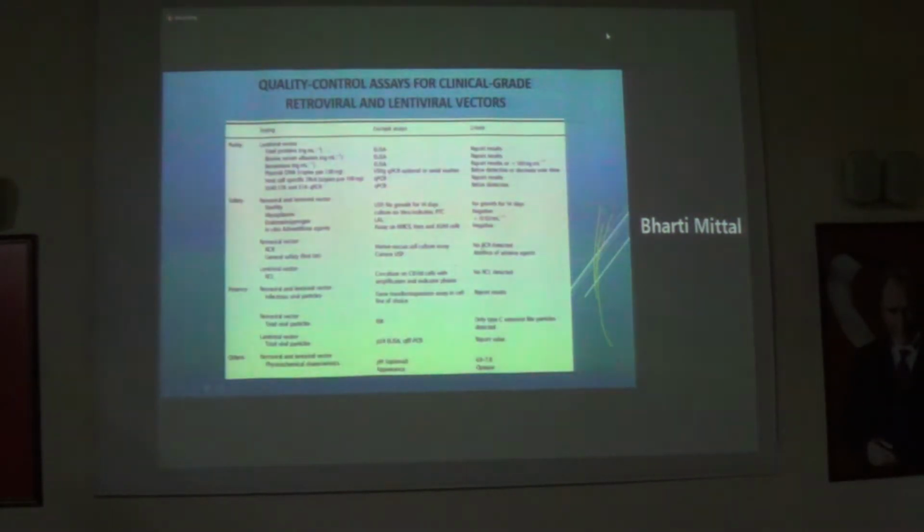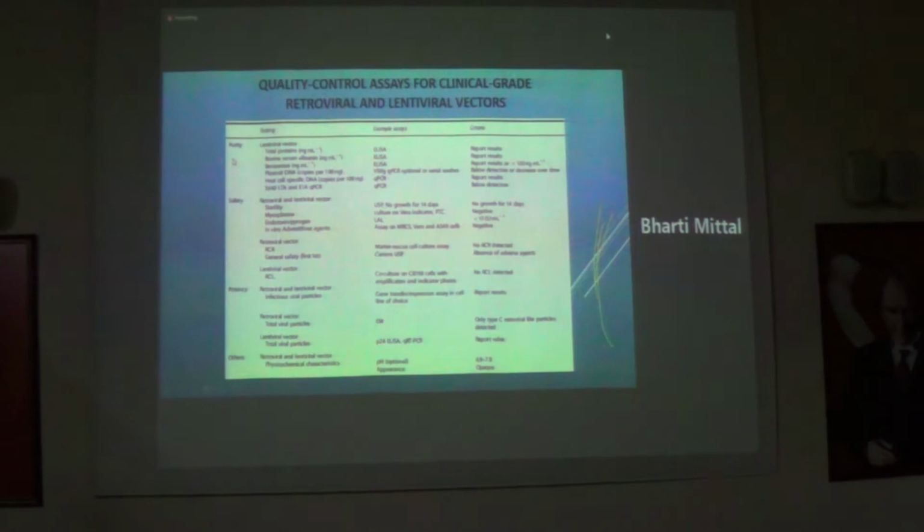When our viral vectors, retroviral or lentiviral, are ready, we need to know whether they are of clinical grade or not. There are quality checks that need to be performed before incubating these CARs with the T cells.